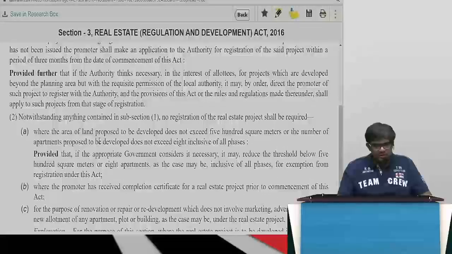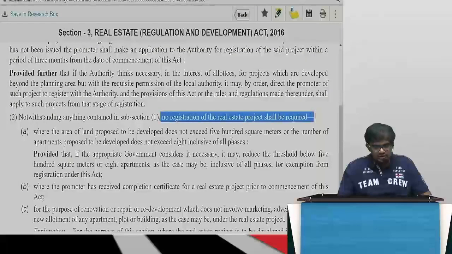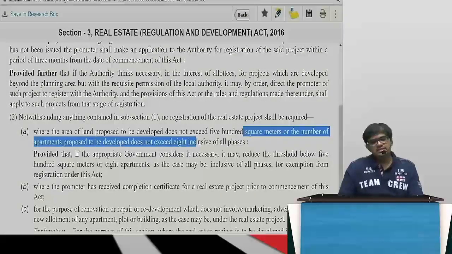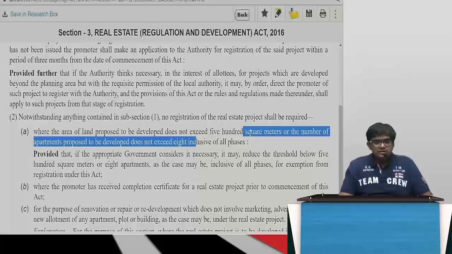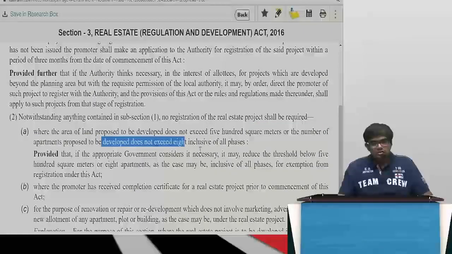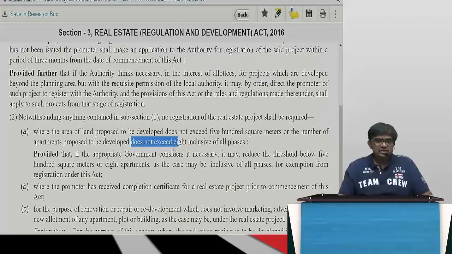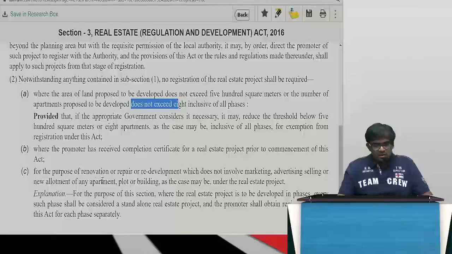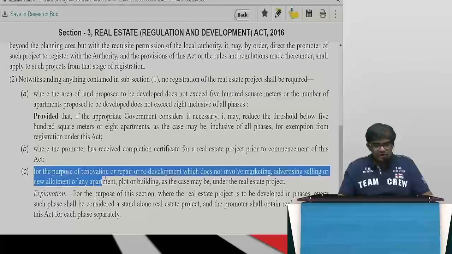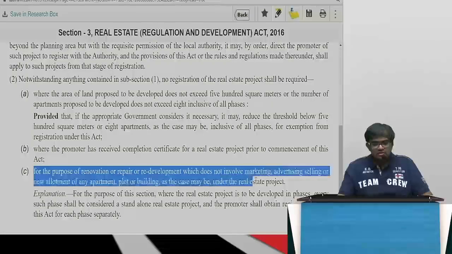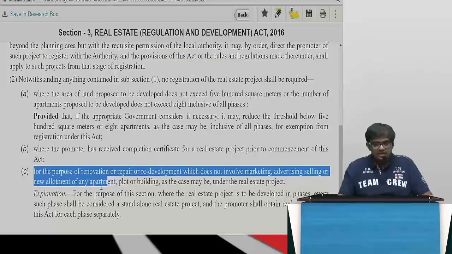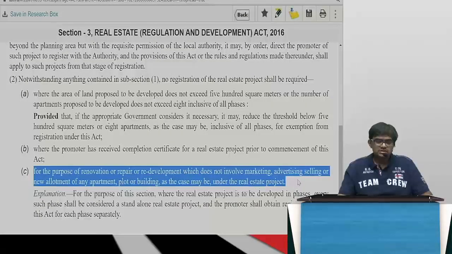Section 3. Registration shall not be required where the area is less than or equal to 500 square meters, we know that, and the number of apartments does not exceed 8. See here, C1, for the purpose of renovation or repair which does not involve marketing, advertising, selling, new allotment and all these things. So guys, if it is mere renovation or repair or redevelopment, then no problem.